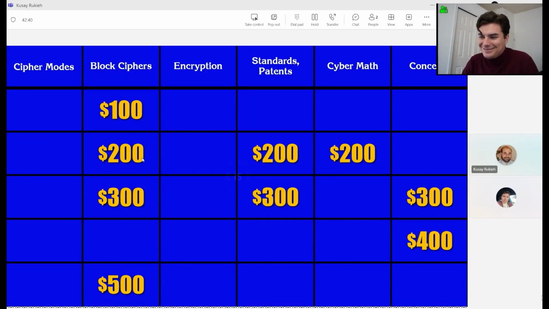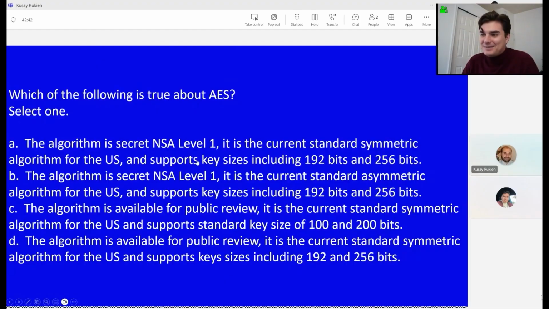What's the fine true about AES? Let's see here. So the algorithm is secret NSA level 1. It is the current standard for the United States, and it supports key sizes including 192 bits and 256 bits.